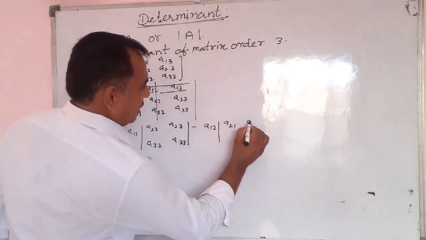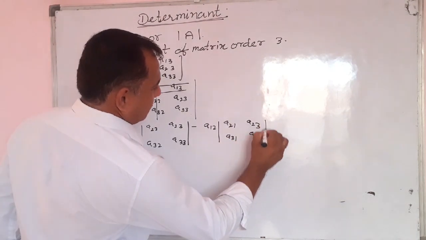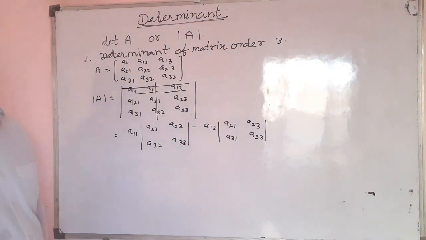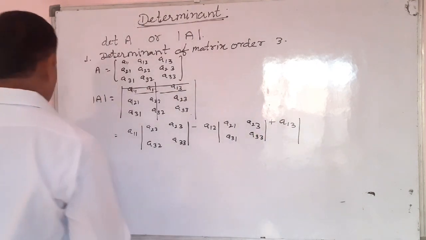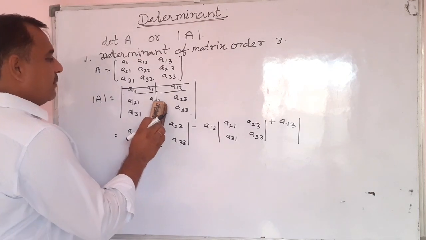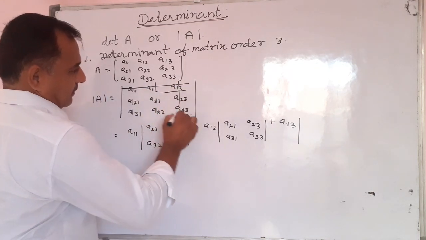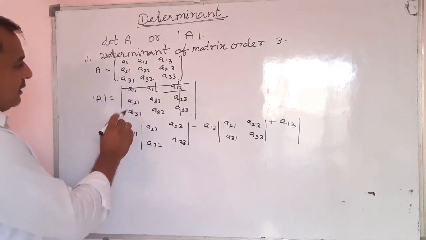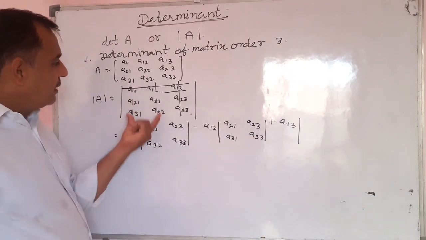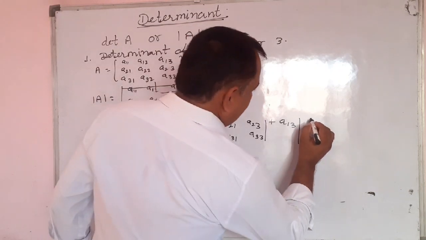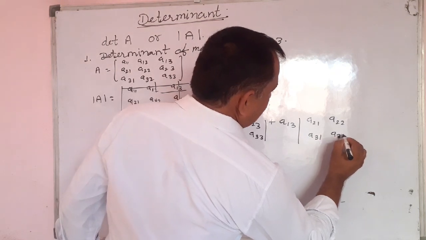The last element is A13. Now we eliminate the elements of R1 and column number 3, and the remaining are only A21, A22, A31 and A32, written as it is.